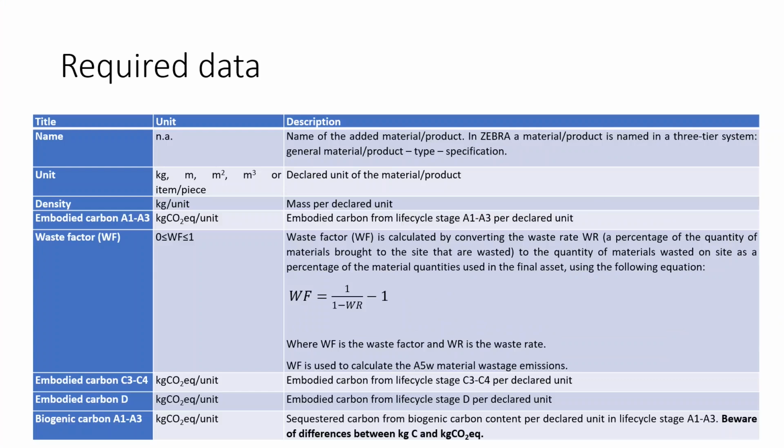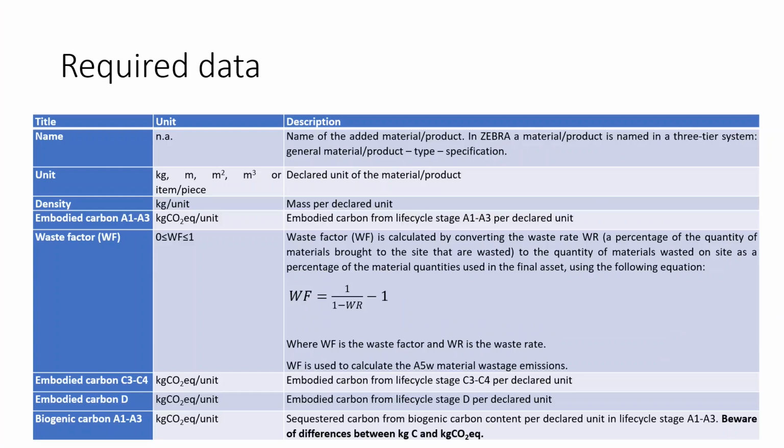The first one is the name, and then the unit, which is the declared unit of the material or product in the EPD. This is important because it tells whether the carbon factor declared in the EPD is measured per kilogram, per meter, per cubic meter, per square meter, or per item or piece. Then there is the density of the product, which is the mass per declared unit.